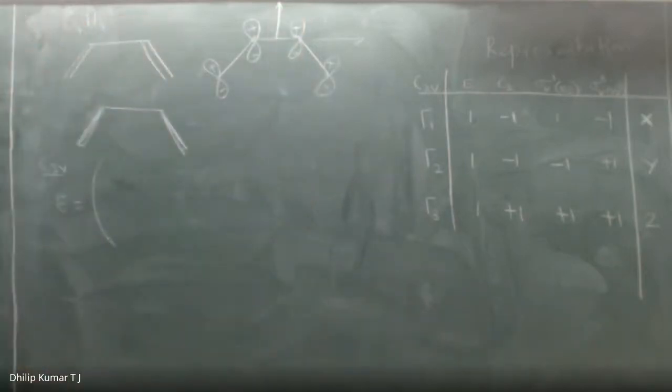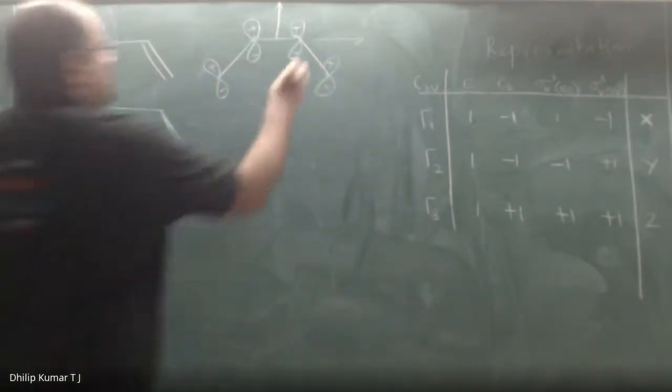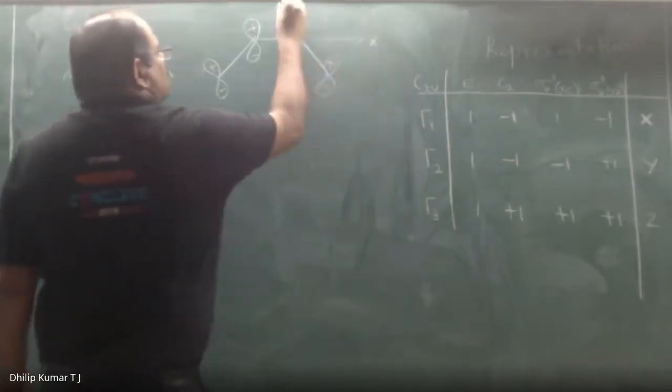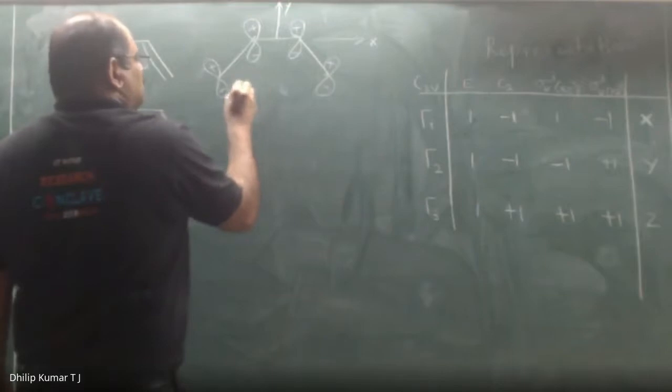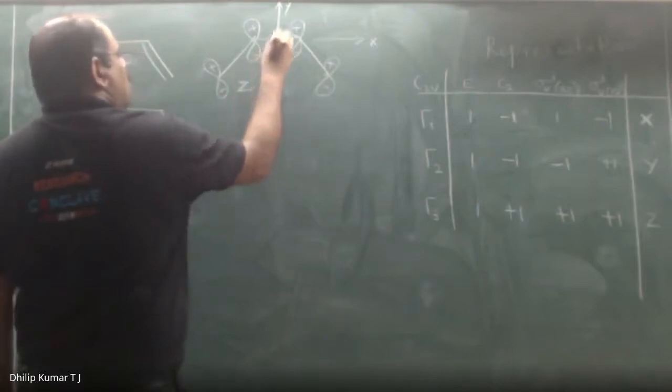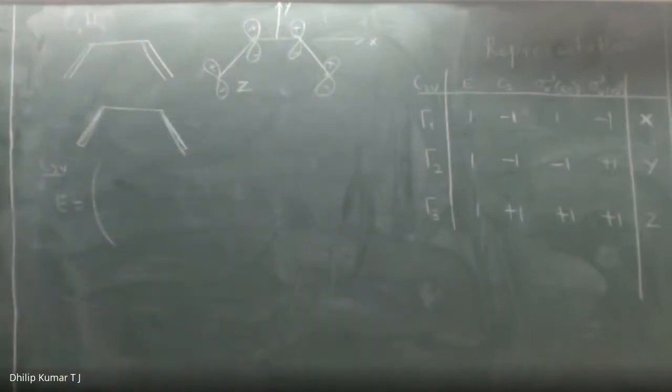You can define it as you wish. Now we have just changed the axes. So for E, can anybody answer what the matrix form will be for cis butadiene for symmetry element E?